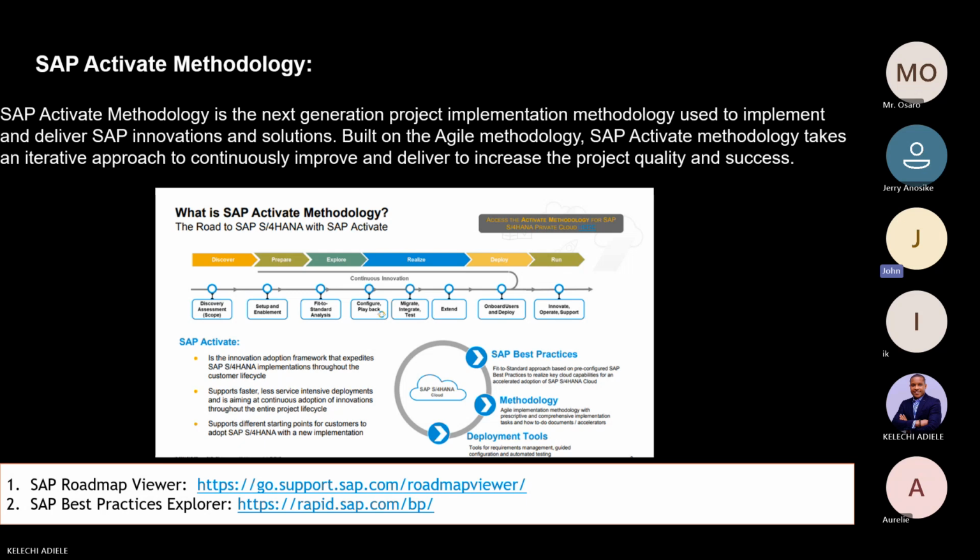If this is clearly documented and they follow the step-by-step process, it gives them a better view of whether they are in line or out of scope of what is supposed to be done. So it gives them a detailed overview of what they need to do as the project proceeds.